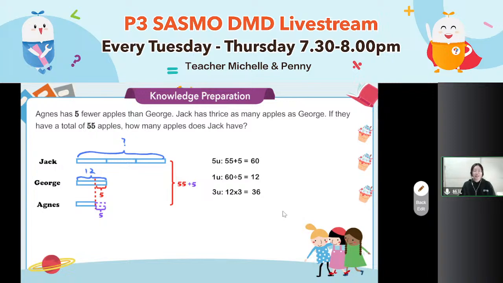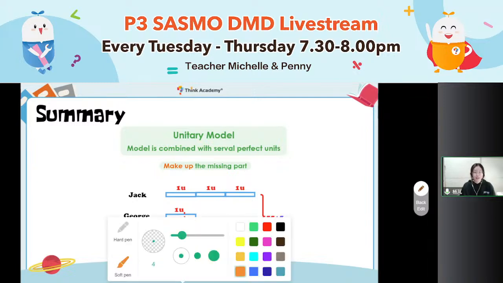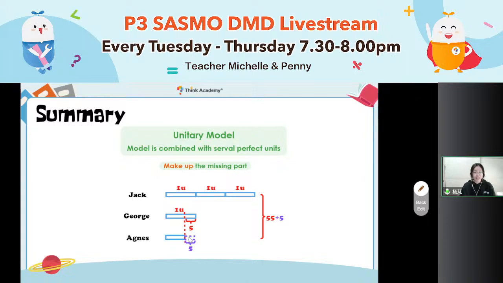So this is another type. We will find that we cannot take away the 5 because 5 is not an actual part. But if I give another 5, these 5 parts will be 1 unit. All of them can be 1 unit.